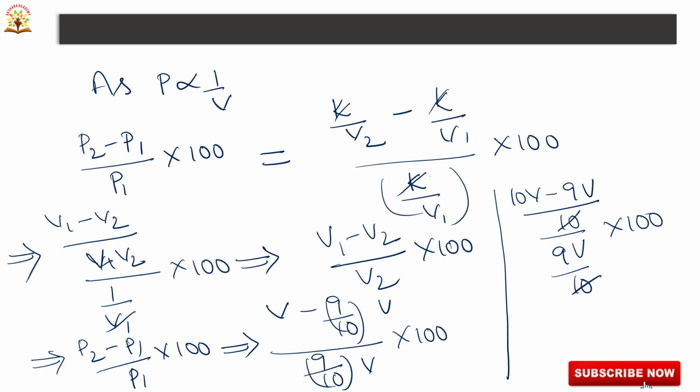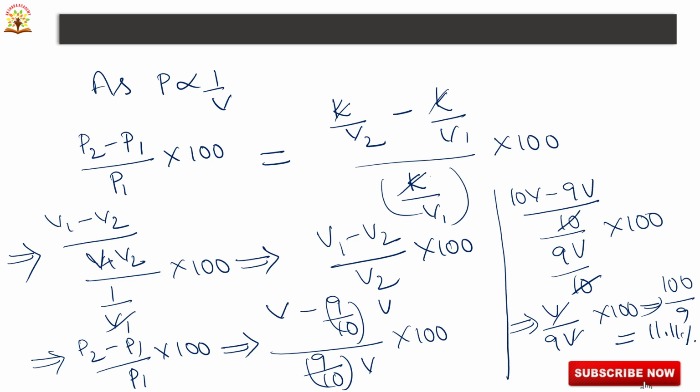Here 10 cancels, and 10V minus 9V is V. So V by 9V into 100. So V gets cancelled, giving 100 by 9. So 100 by 9 is equal to 11.11%.